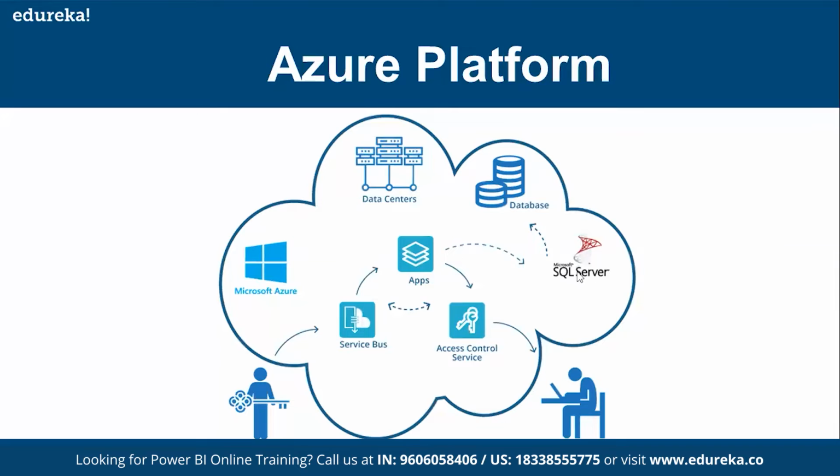We can host our database in the cloud: instead of having the on-prem SQL Server database, I can host it on the Azure platform. The storage and the executions, everything will happen on the cloud machines. We just need to consume the service.